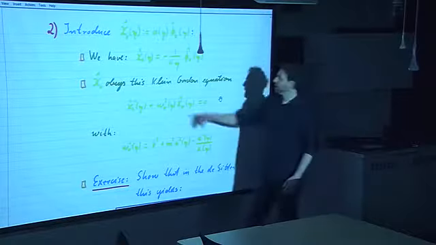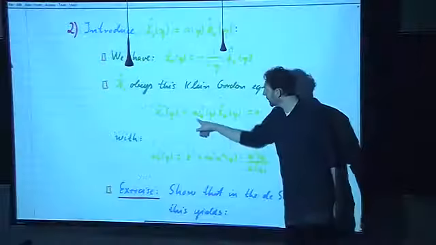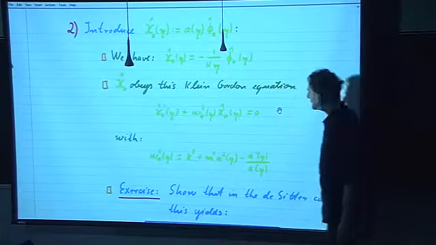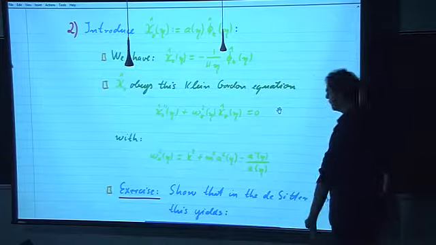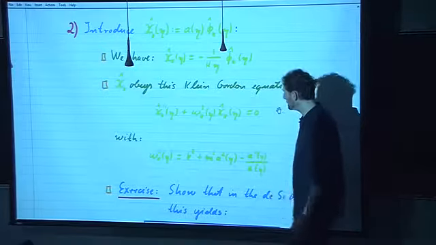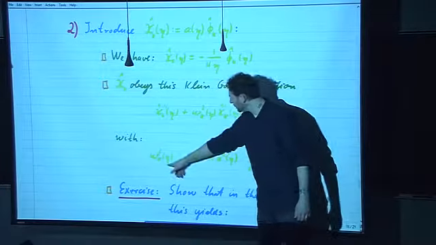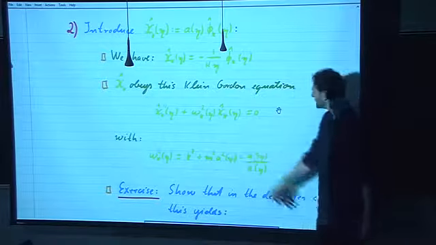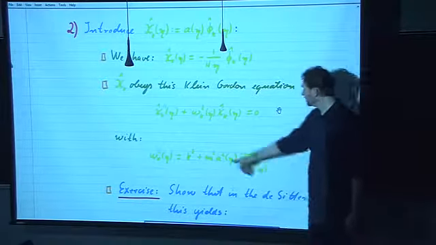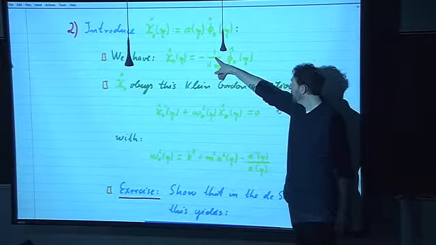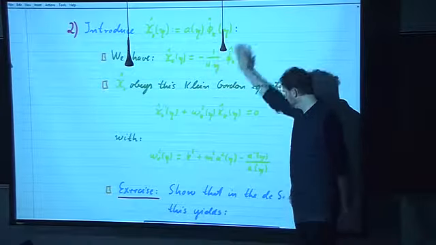And chi obeys the Klein-Gordon equation with the omega k squared. And we can calculate exactly what the omega k squared is now for a Klein-Gordon field in de Sitter space. Remember that the omega k squared was k squared plus m squared a squared minus a double prime over a. And we know what the a is. We can just square it, easily done.